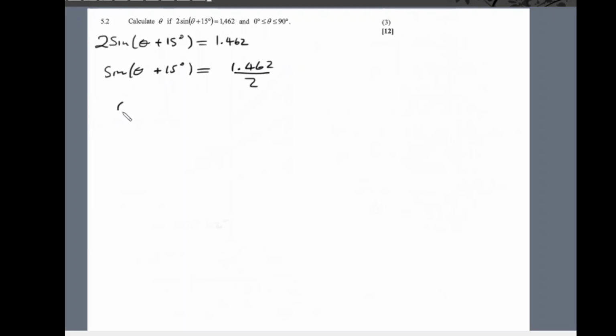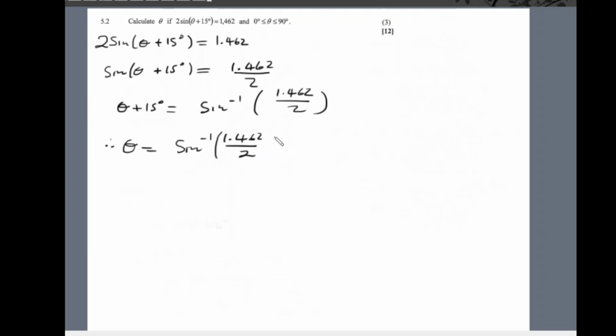Which means that theta plus 15 degrees is equal to sine inverse of 1.462 divided by 2, right? Therefore theta will be equal to sine inverse of 1.462 divided by 2, minus 15 degrees.